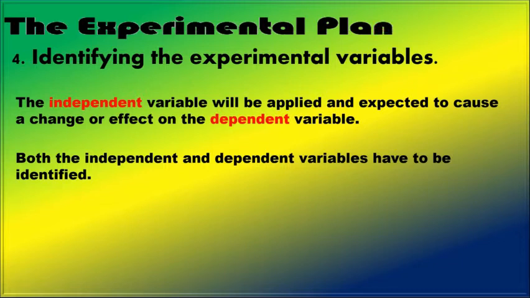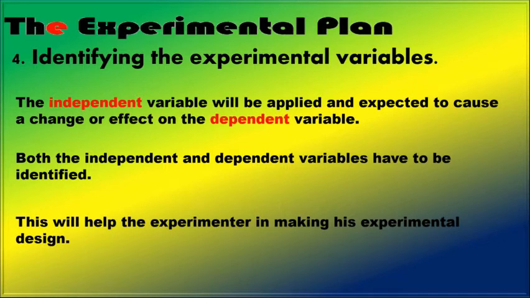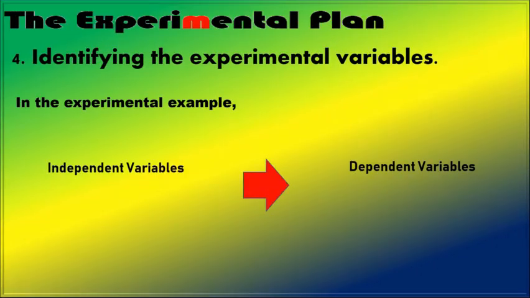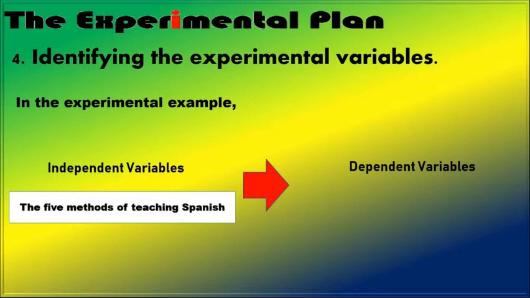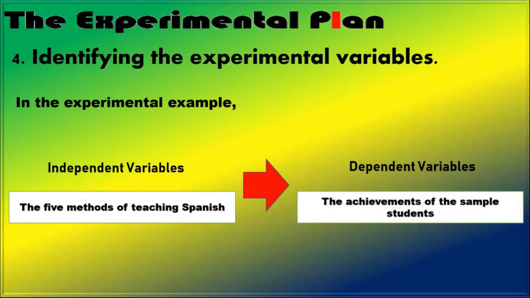This will help the experimenter in making his experimental design. In the experimental example, the independent variables are the 5 methods of teaching Spanish, and the dependent variables are the achievements of the sample students.